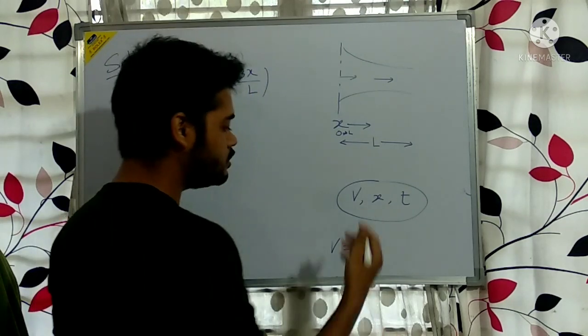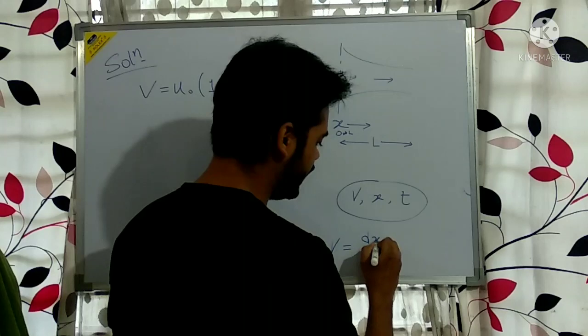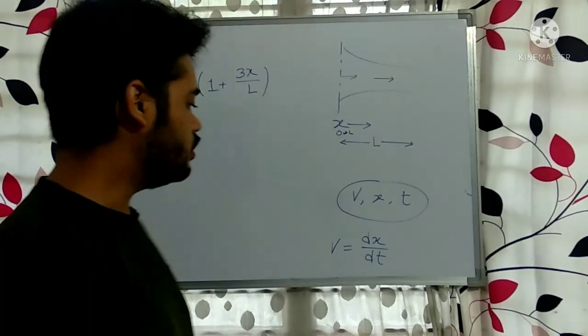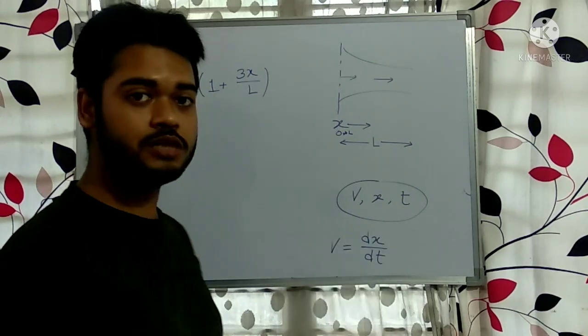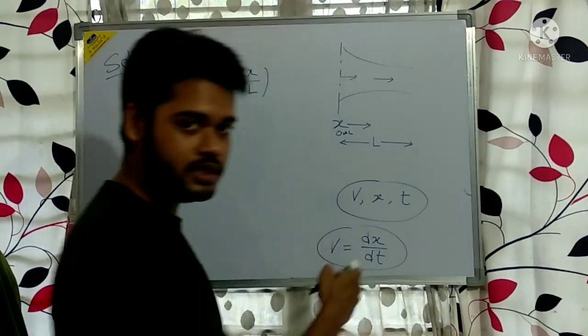So in mathematics we can express velocity as differentiation of x with respect to t. So velocity is dx by dt, or dx divided by dt.